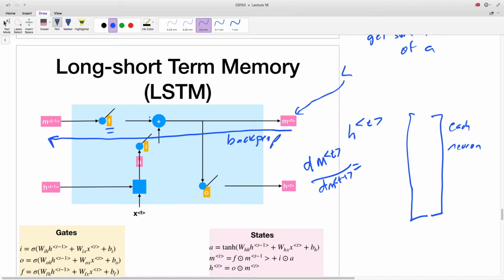Is there also a path to m of t minus 1 through h of t minus 1, like from a for h of t minus 1? We're going to have a path, let's say in green, from here to here.